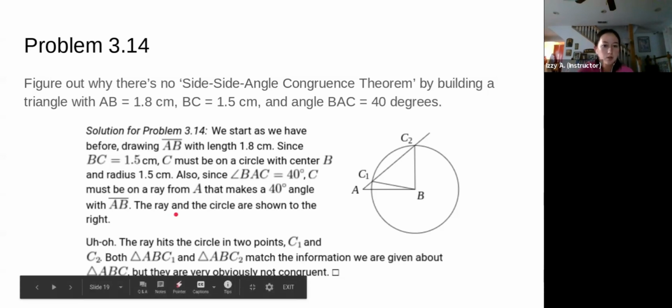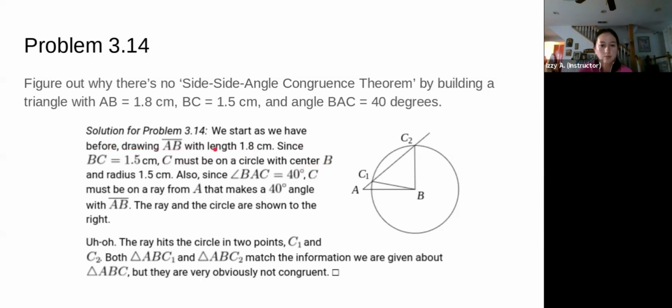Okay, so let's say that we drew it, and we start as we have before, drawing AB with 1.8 centimeters. Since BC is equal to 1.5, this must mean that C must be on a circle. So you can see that there are two C's because we will figure out why soon. C must be on a circle with center B, and this would end up being the radius.